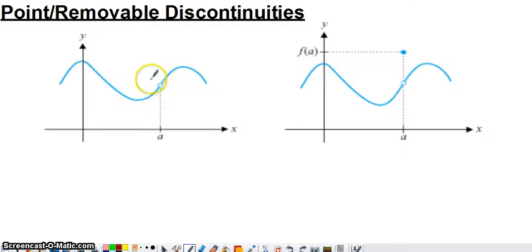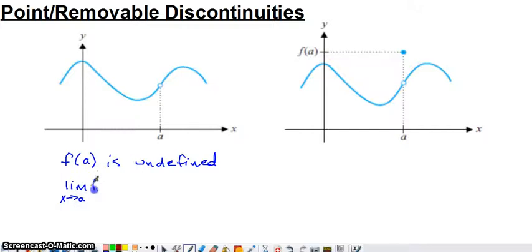If you look at this particular function here, the piece of the definition of continuity that's violated is that first piece, f of a is undefined. So that's why this function is discontinuous. What you will notice though is that the limit as x approaches a on this function exists.